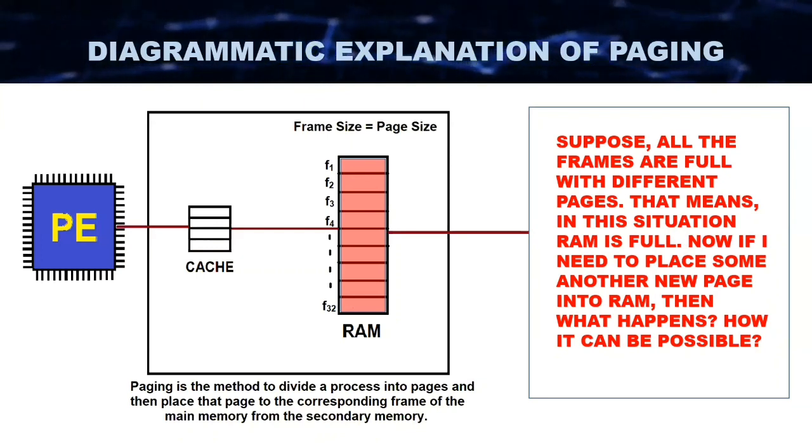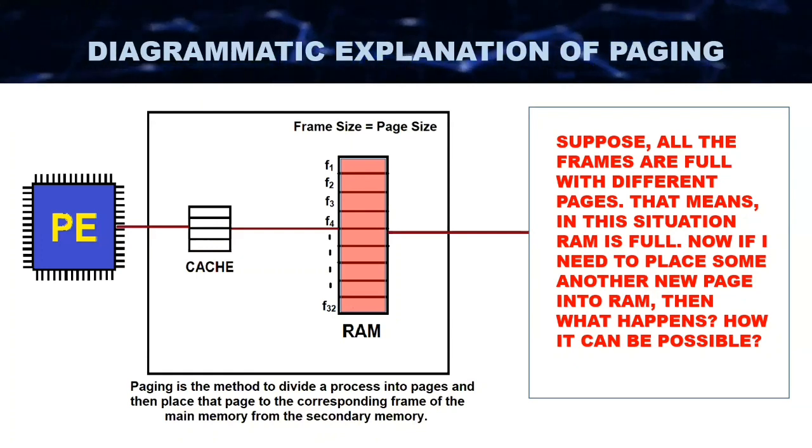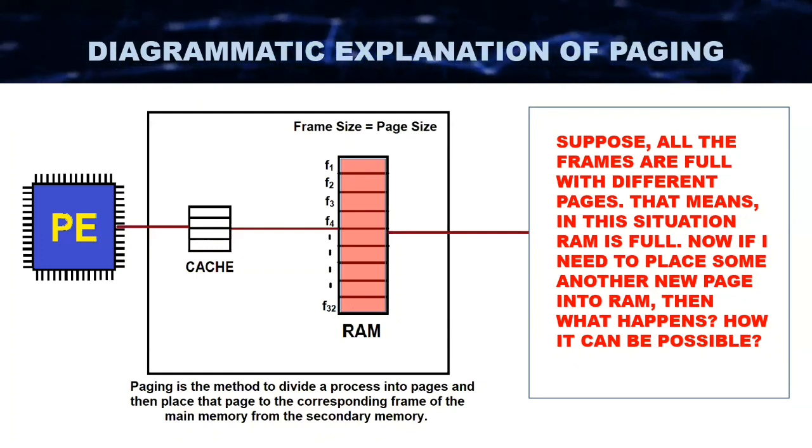Now if I need to place another new page into RAM, then what happens? How can it be possible, because the RAM is already full with different pages? Okay, so let's see how it is possible.